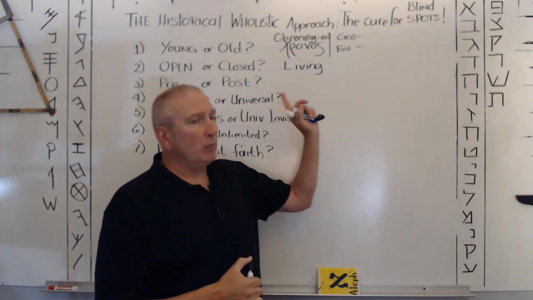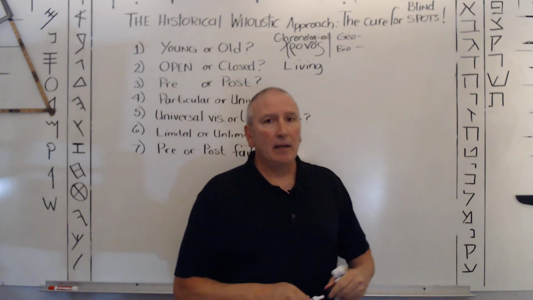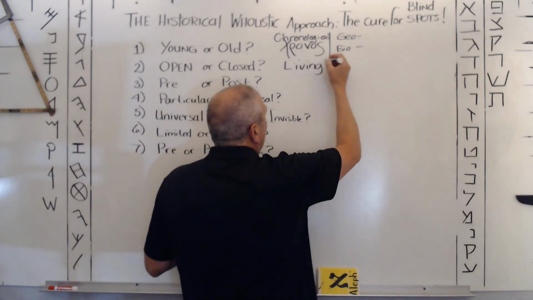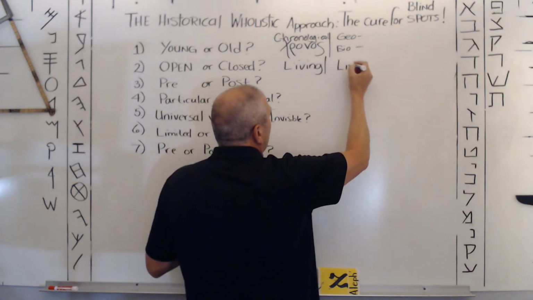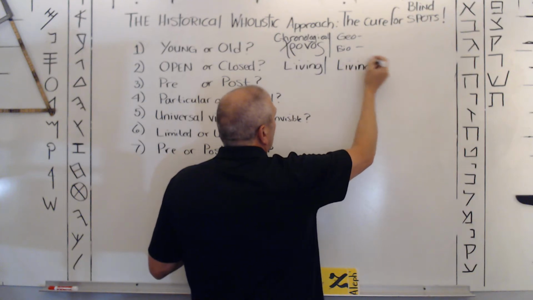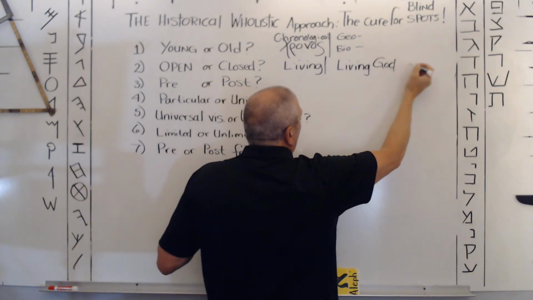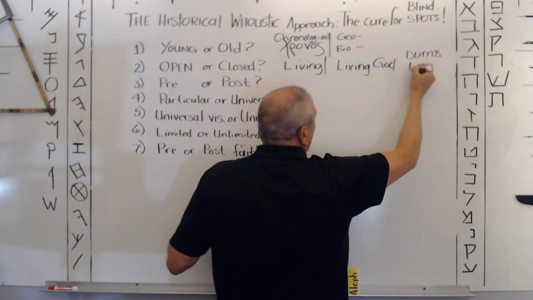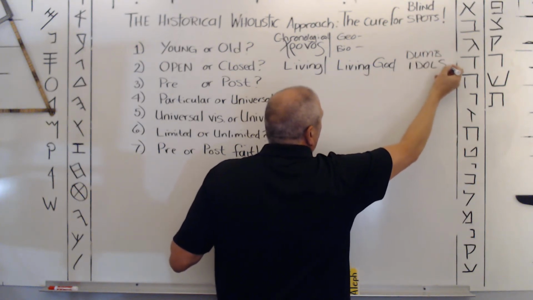So we have living, which has context and implications, so that we know that the point of the lesson in theism was a contrast between the living God and then, of course, dumb idols. And that's from the Torah to the apocalypse.